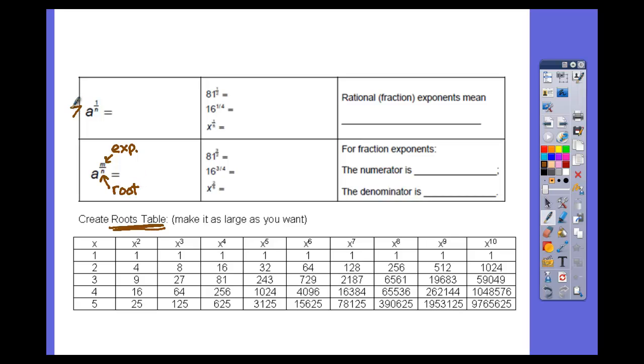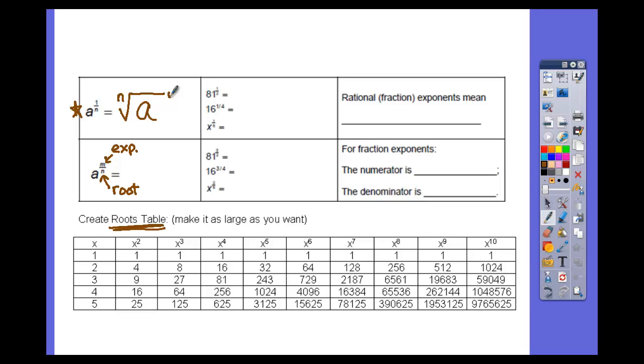So the ones over here where it's just a to the 1 over n, it just means that your exponent is 1, so you don't really have to deal with that. So basically what you're doing is the nth root of a to the first power.